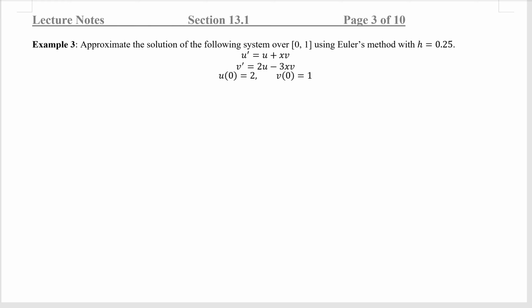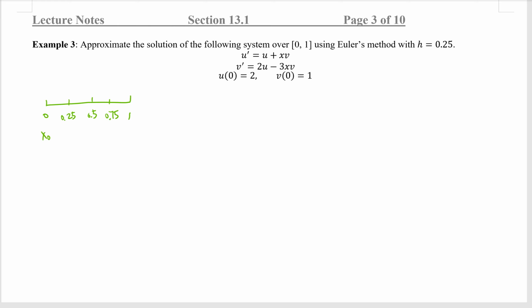Yeah? Okay, let's see. Here we have two variables, u and v. We have the interval from 0 to 1, and we're using h equals 0.25. It means we're going to have 4 subintervals.